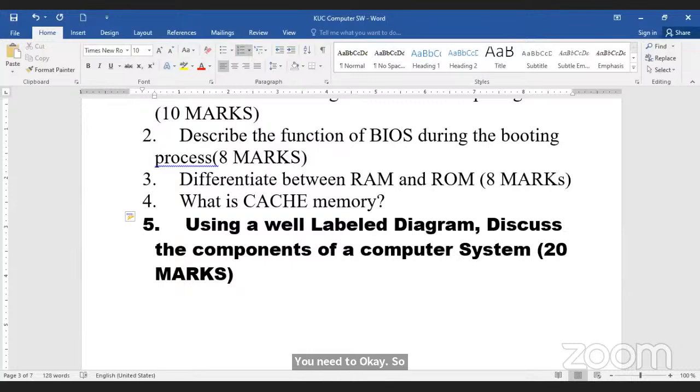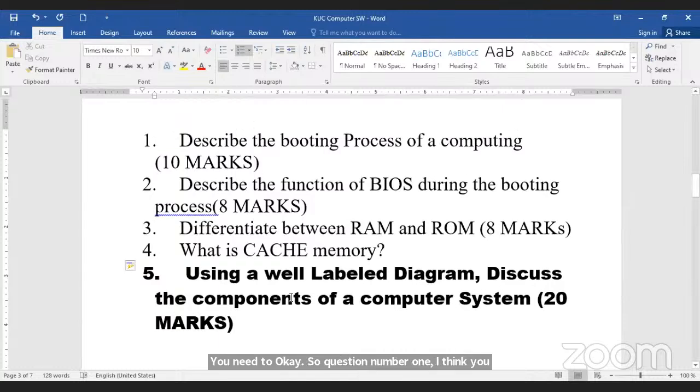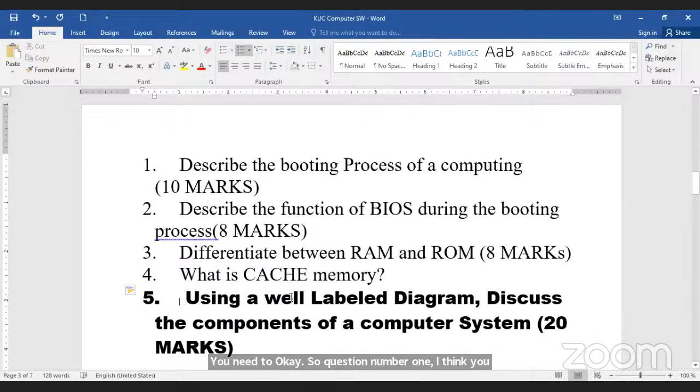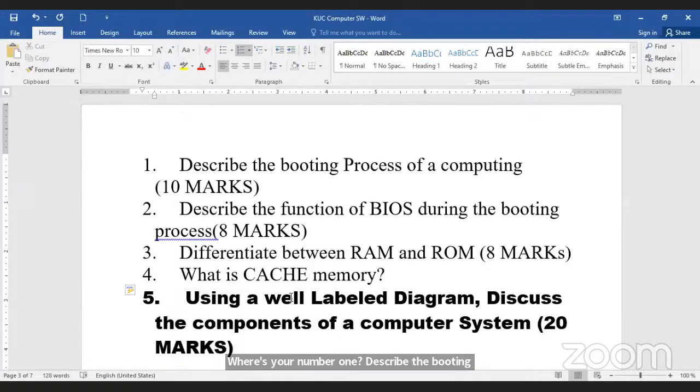So for question number 1, I think you have a paper, or you can take a screenshot of this if you can. Question number 1, describe the booting process of a computer, 10 marks. Question number 2, describe the functions of BIOS during the booting process, 8 marks. Question number 3, differentiate between RAM and ROM, 8 marks.